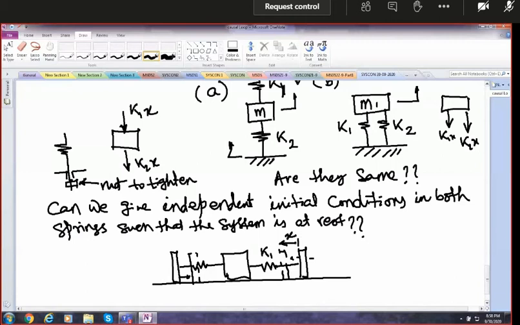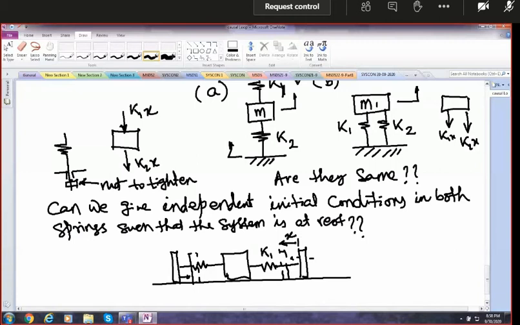Clamp in the new position. So this is pre-compression. I can move my supports from both sides and clamp them.